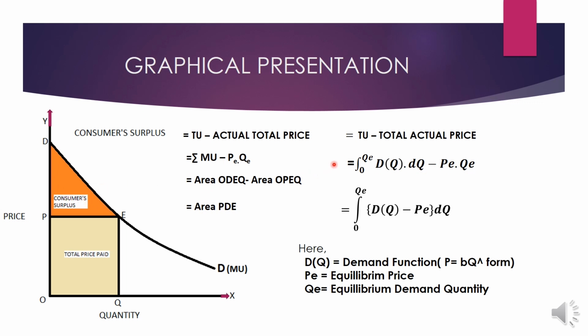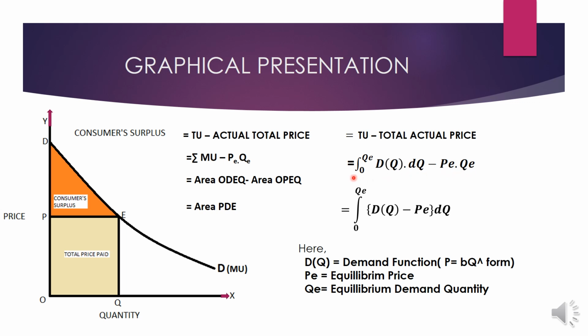In mathematical terms, the total utility of the product is measured by the integration of the demand function with respect to Q, and the total price is calculated by the multiplication of equilibrium price with equilibrium quantity.